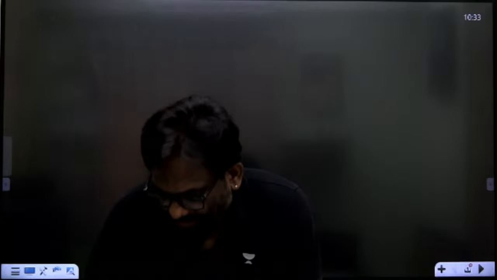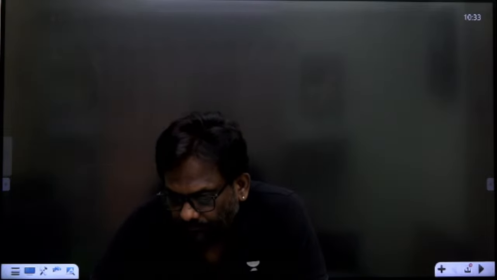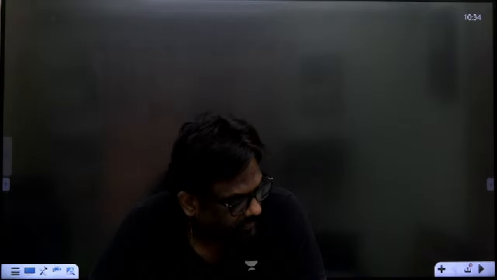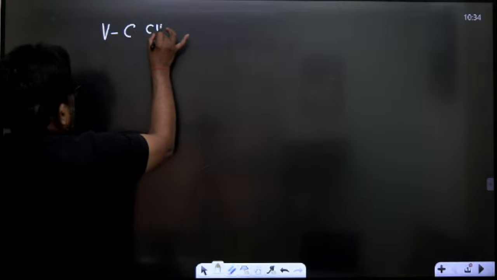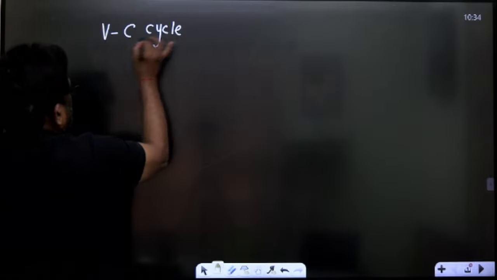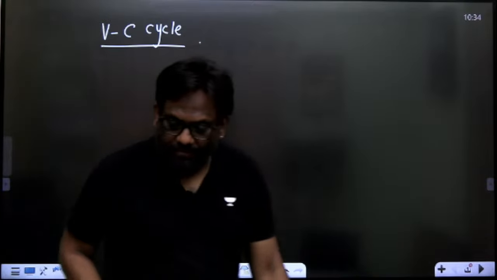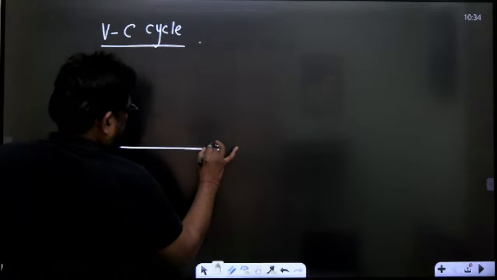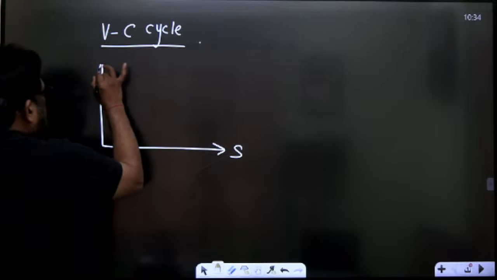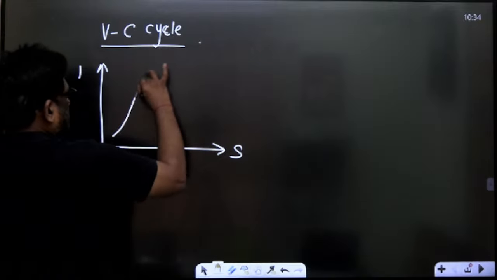So how is your preparation going on? Everyone tell me. Okay. In the last class, we started discussing the VC cycle. Correct? So we have represented it on the TS diagram. Something like this.